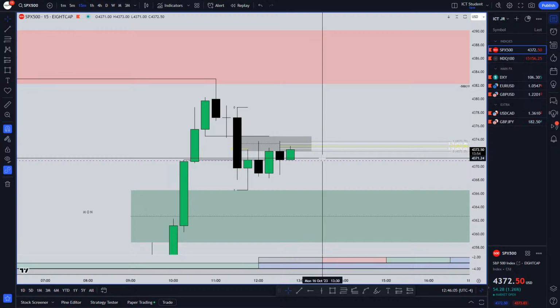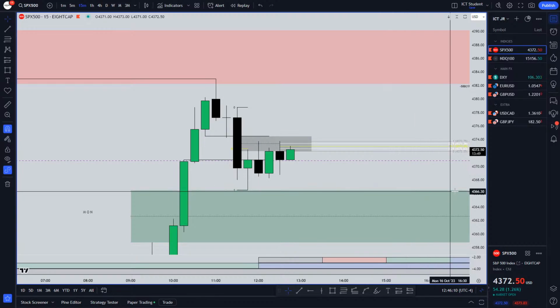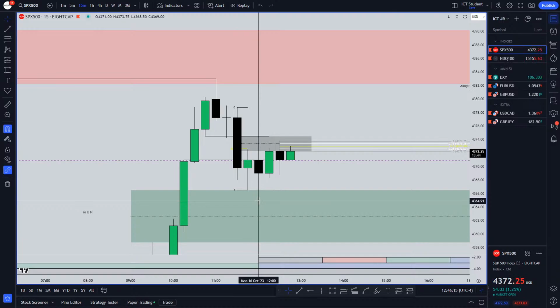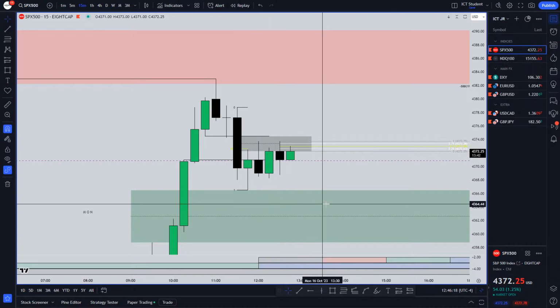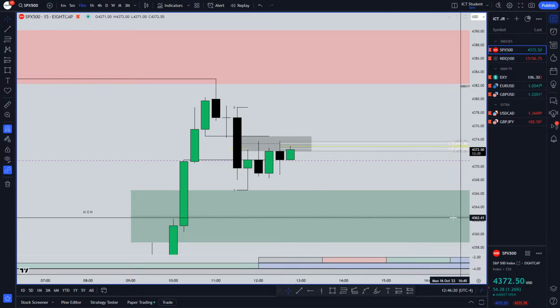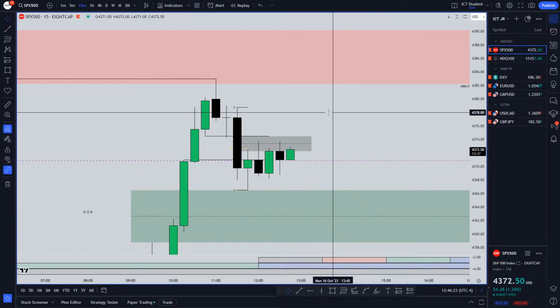So it's accumulation right around here, then manipulation, then the distribution, or the reversal or continuation. So it's AMDX or XAMD, one of the two. You're going to be able to identify that, ladies and gentlemen. That is something I'm trying to identify on a day-to-day basis, just reading the market in a timely, orderly fashion, as ICT, Inner Circle Trader, would talk about.